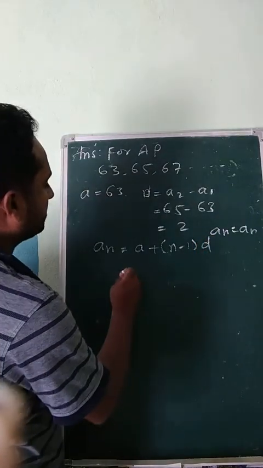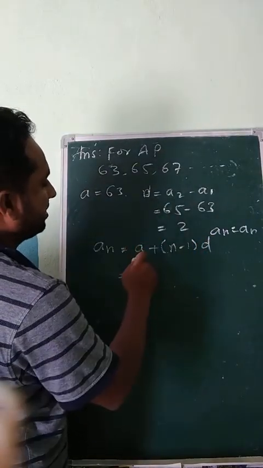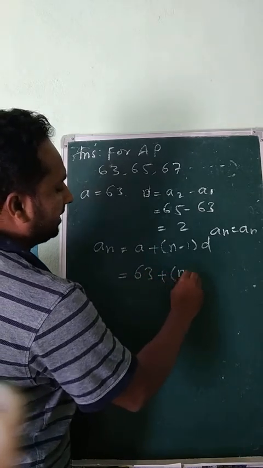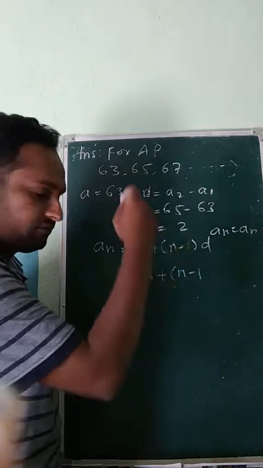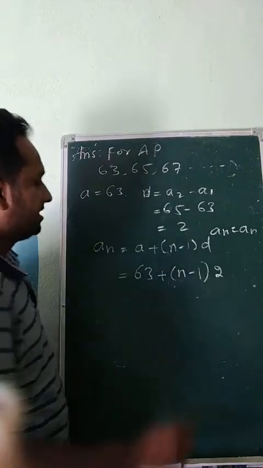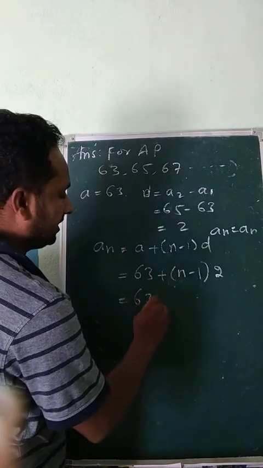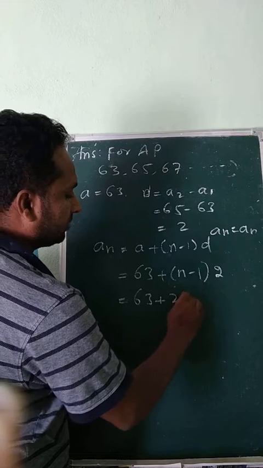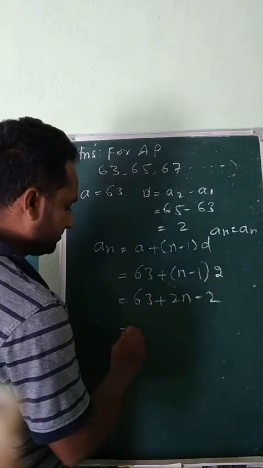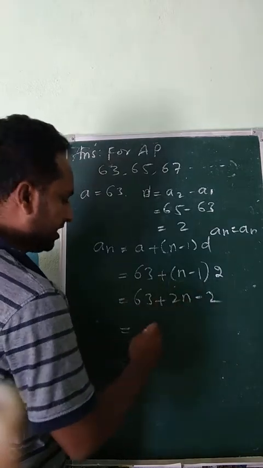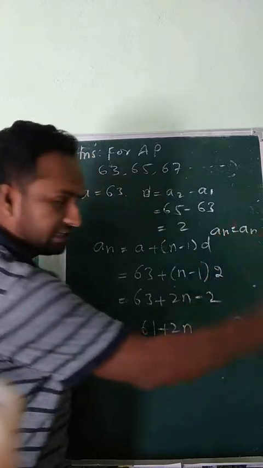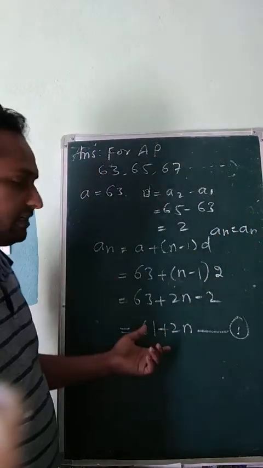Substitute the values for the first AP: 63 plus (n minus 1) into 2. Simplifying, 63 plus 2n minus 2, which is equal to 61 plus 2n. This is equation 1.